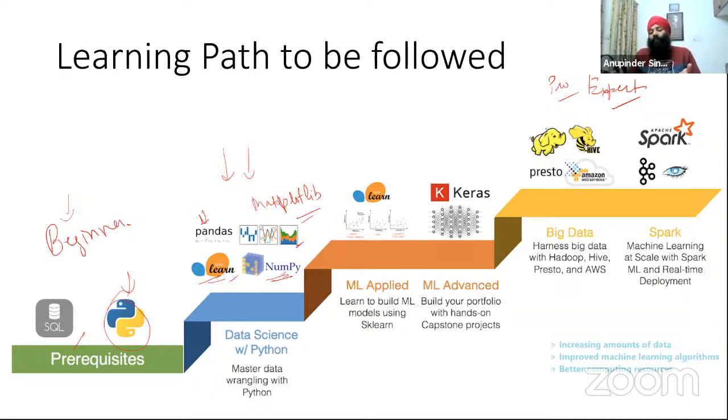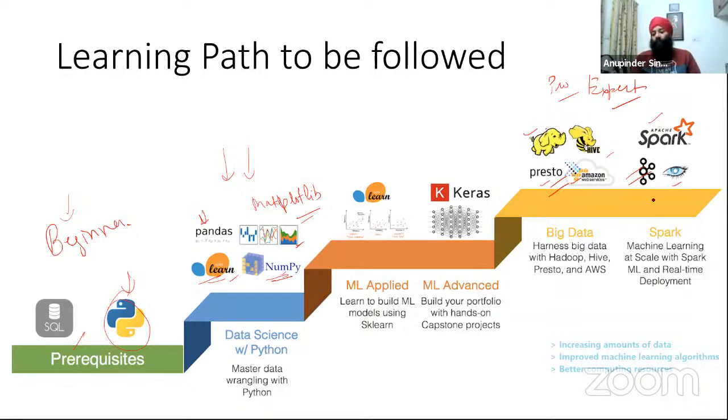Whereas once you go one step ahead, you can see that we have a number of different kinds of big data applications. So Presto is one, Hive is one, Pig is one, Amazon Web Services, the machine learning library of Amazon services is one, Apache Spark is there, right?